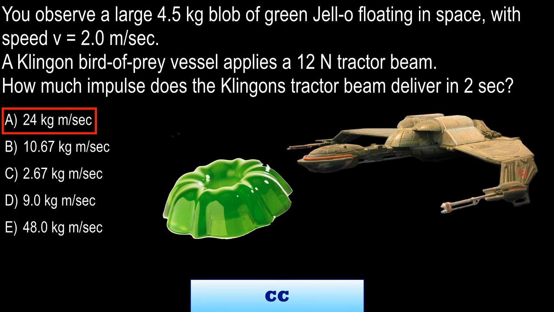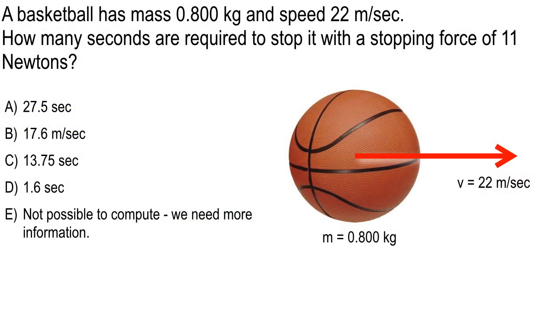We're not done yet. We got another question coming. Here it is. Question 3. Now this one is the stopping time. So I'll give you a little bit more time.